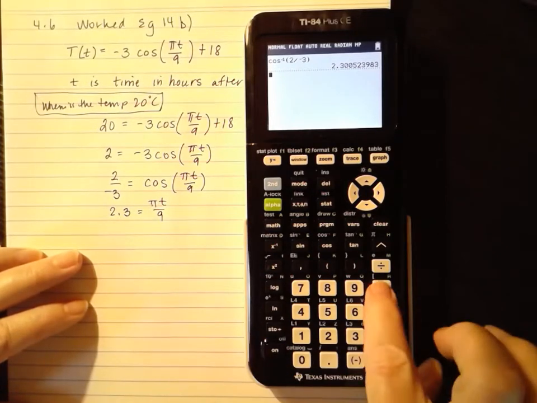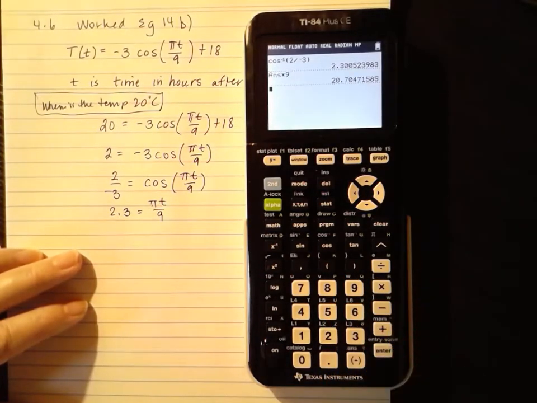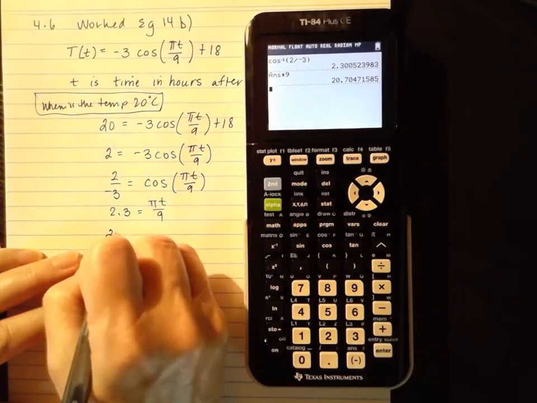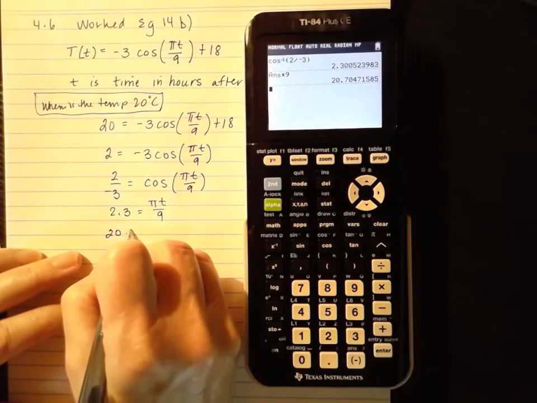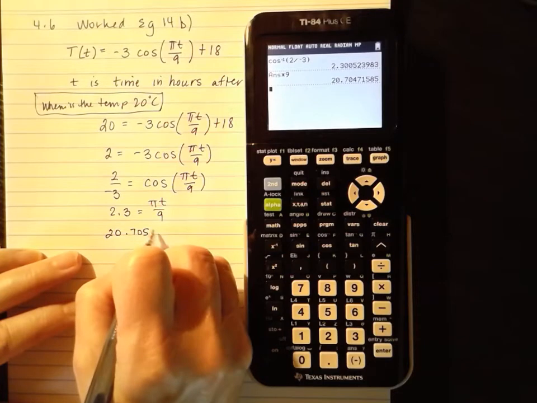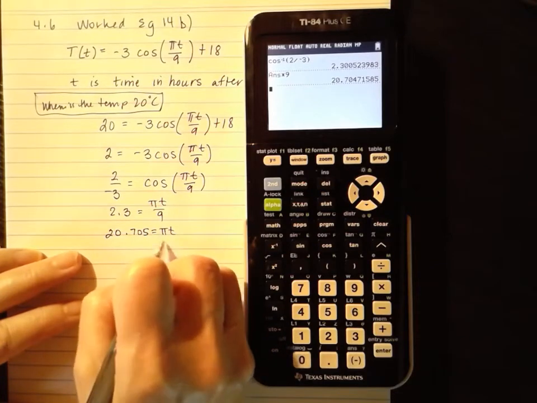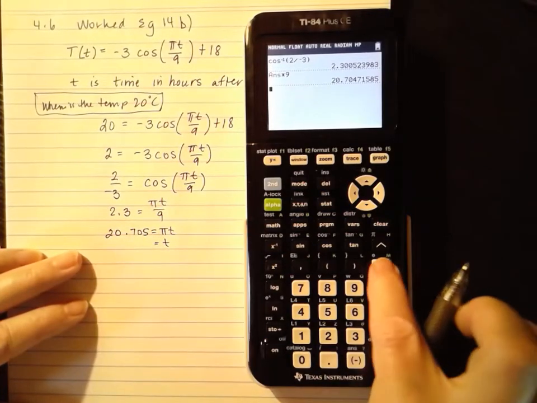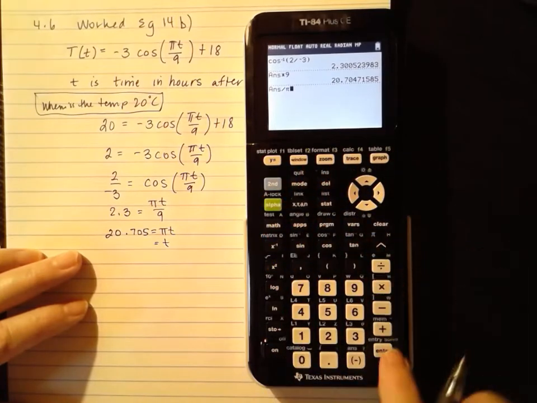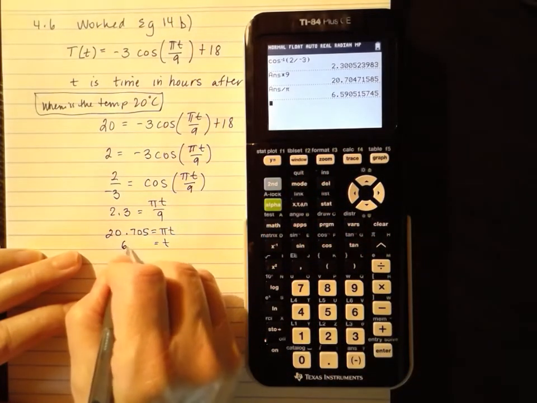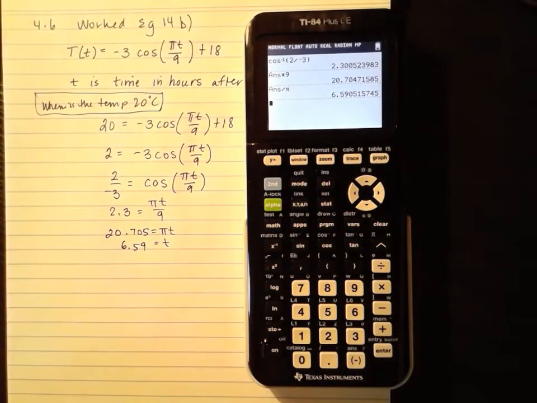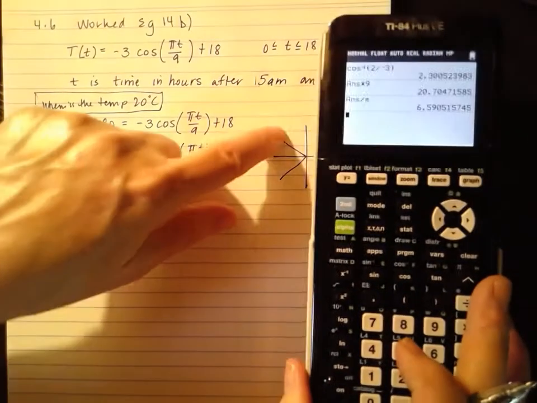So I multiply by 9, it's on the screen there, and I get 20.705 maybe equals pi t, and t equals that number divided by pi. So 6.59. So that's that first time. That's the time that's right here.